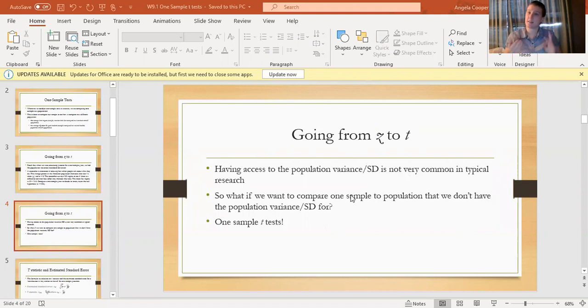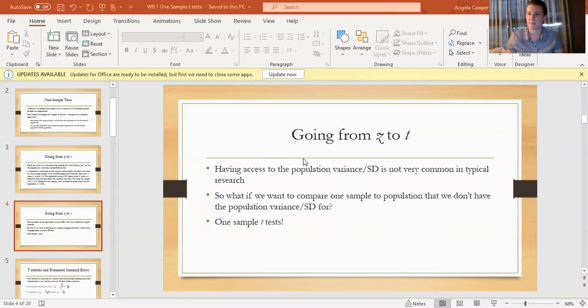For a z-test, we have the population mean, population standard deviation, and we have the sample size and the sample mean. With one sample t-tests, we have only the population mean. We do not have the population standard deviation. We have the sample size, the sample mean, and the sample standard deviation.